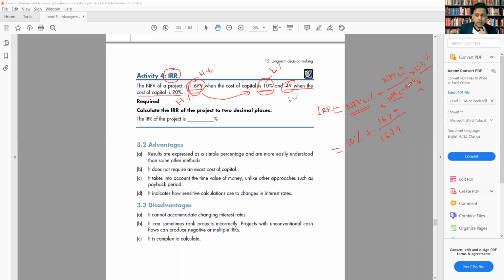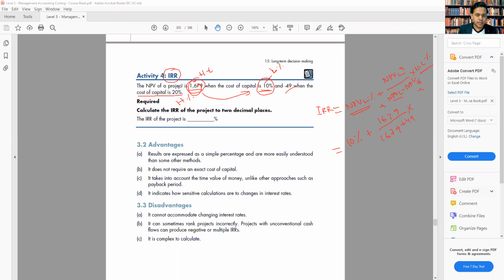On the formula, I take the minus. Be very careful here. On the formula we have a minus, but here you can see before 49 we have a minus. So minus minus actually will be plus. So it will be plus 49 times higher minus lower.